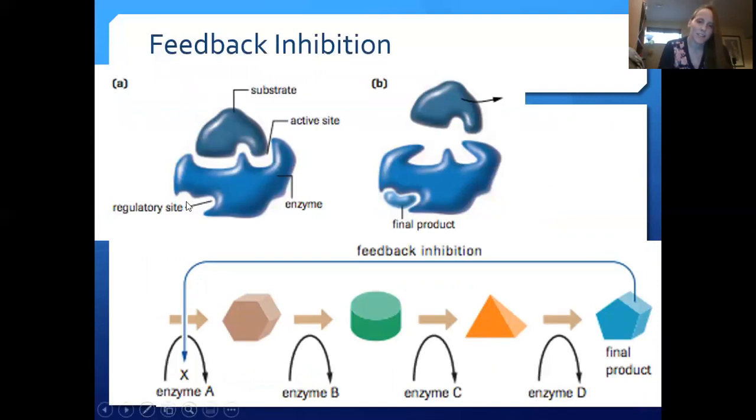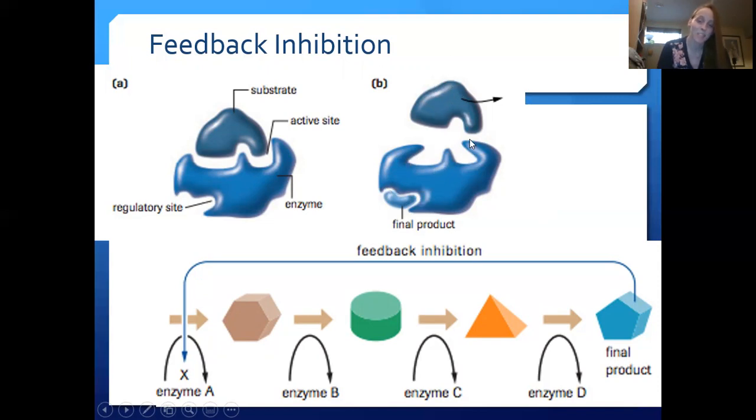So essentially, this is what it would look like. This is our enzyme. This in here is our active site that the substrate would bind to. And down here is a regulatory site. And what happens is the product of one of these reactions binds to the regulatory site. That changes the shape of the active site up here. And now the substrate can no longer bind to the active site.